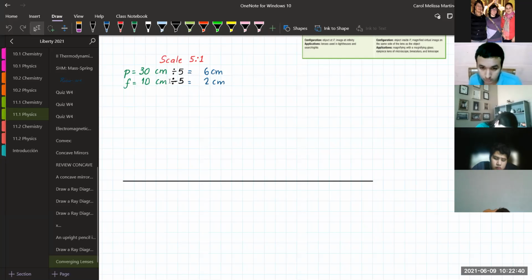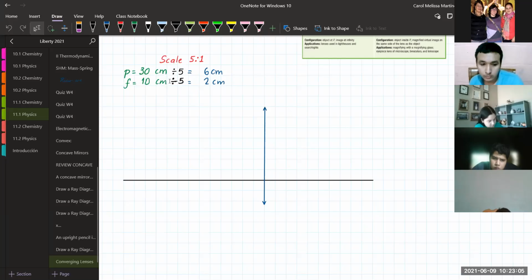There it is. Now I'm going to draw an axis for my lens, for my converging lens. Okay? And I'm going to do this axis in blue. Well, let me fix it a little bit.